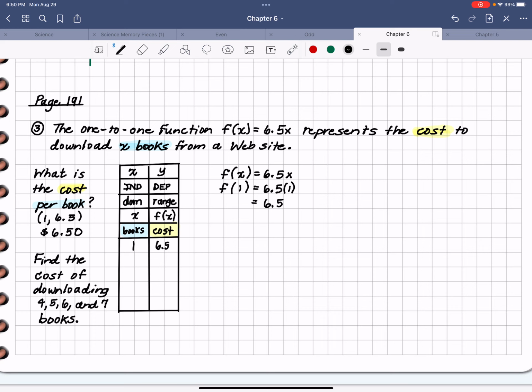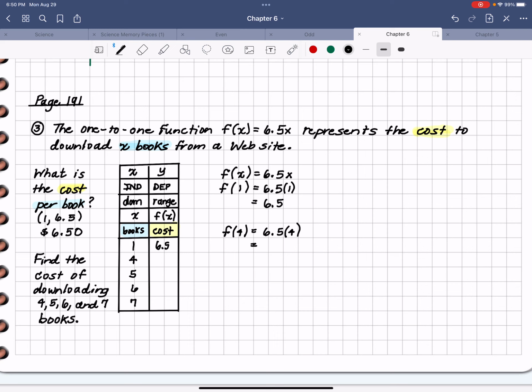Okay, let's do another thing here. Actually, let's go ahead and finish the answer and then we'll do the rest of it. So I want to do the cost of 4, of 5, of 6, and of 7 books. Now, you can work the formula as many times as you want to. Let me do it one more time just to show you. So f of 4, actually I'll do all of them because that's what I'm supposed to do.